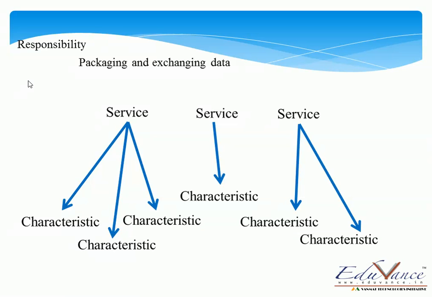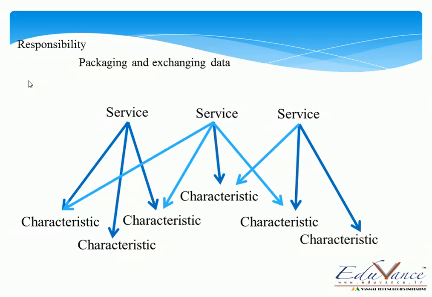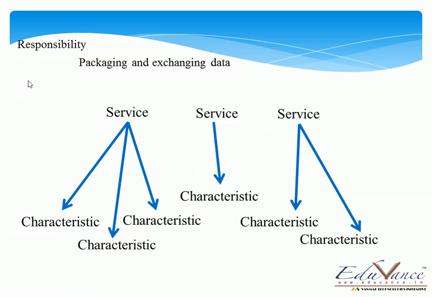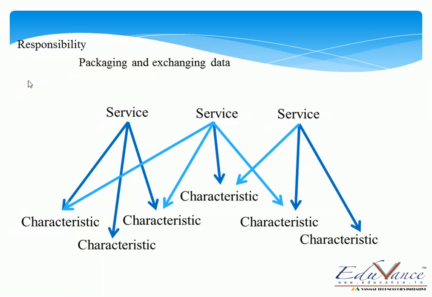You can have that characteristic. By this, what I mean to say is it isn't necessary that every service will have just the defined characteristics. Any service can have any characteristic. It doesn't have to be specific. So as we see, multiple services can use multiple characteristics.